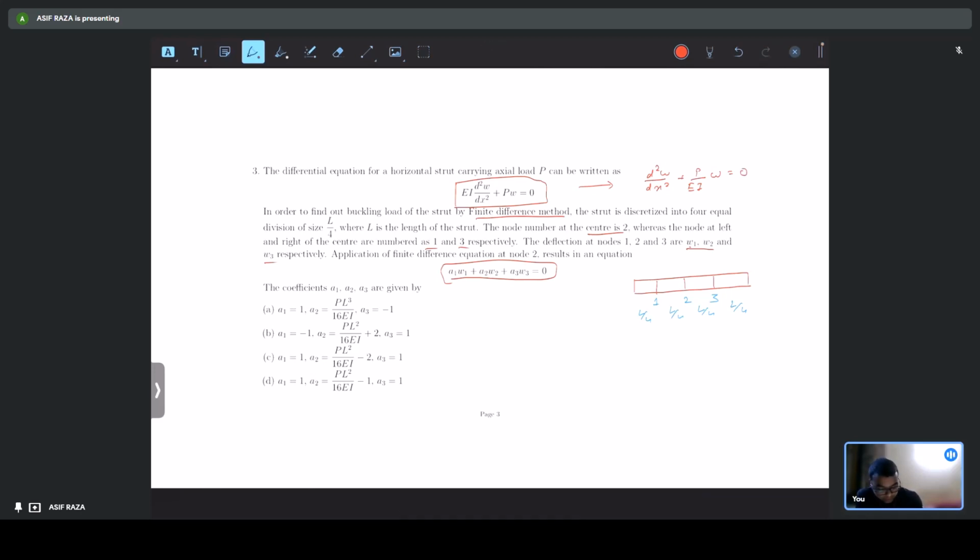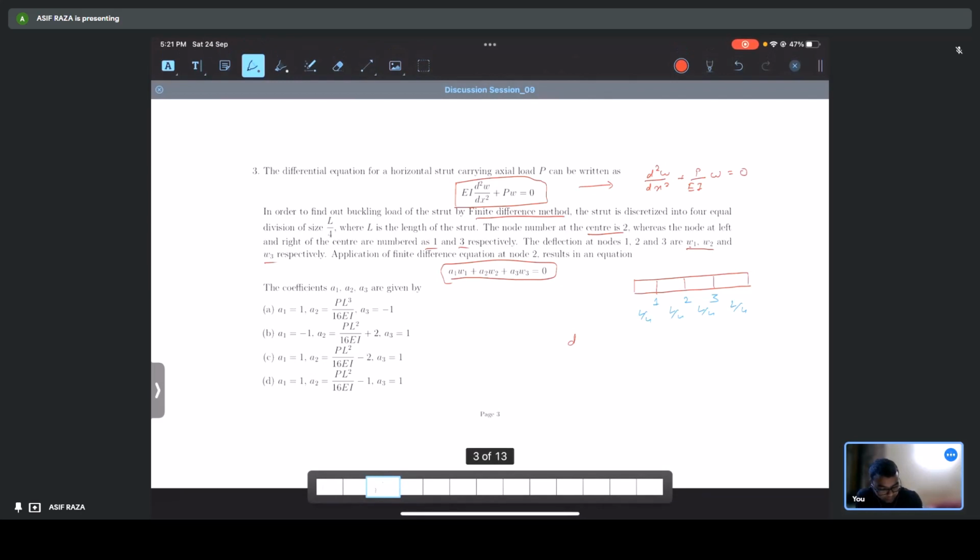For a second derivative, using the finite difference method, we have d square w by dx square at 0 given as (w minus 1 minus 2 w0 plus w1) upon h square.